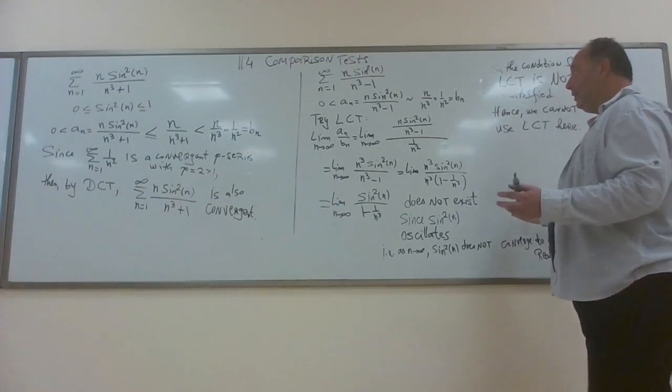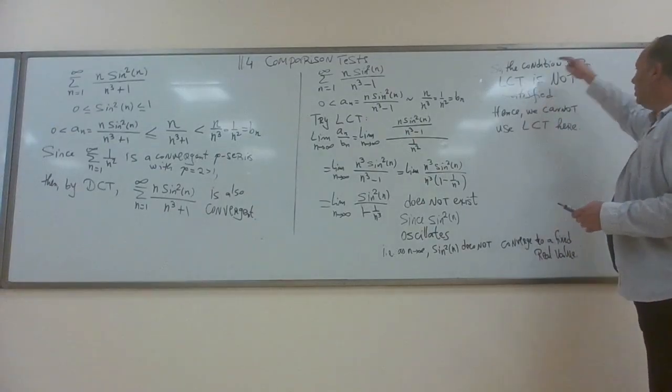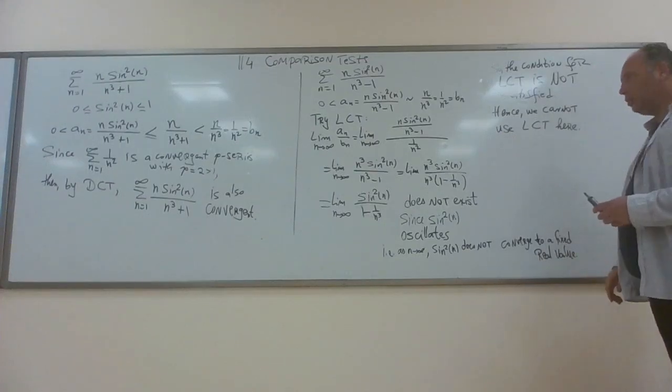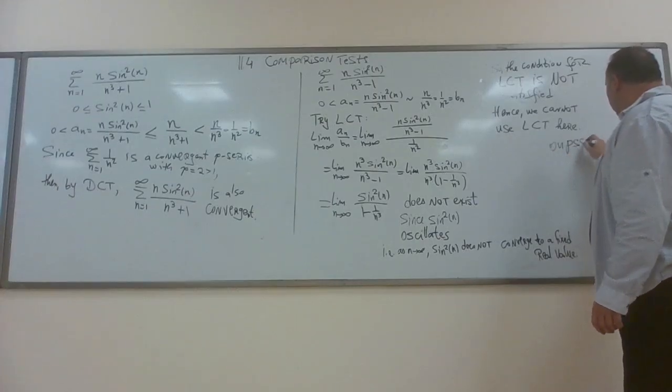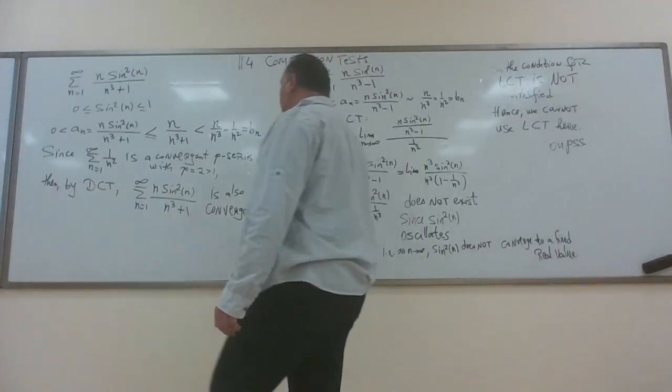Well, that only means that the condition for limit comparison test is not satisfied. What does it mean? Well, we cannot use the limit comparison test. Oops. So our second tool doesn't work.